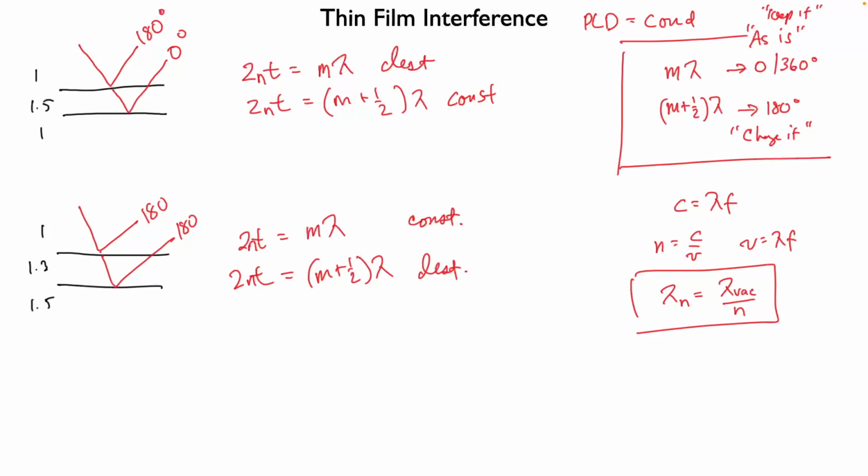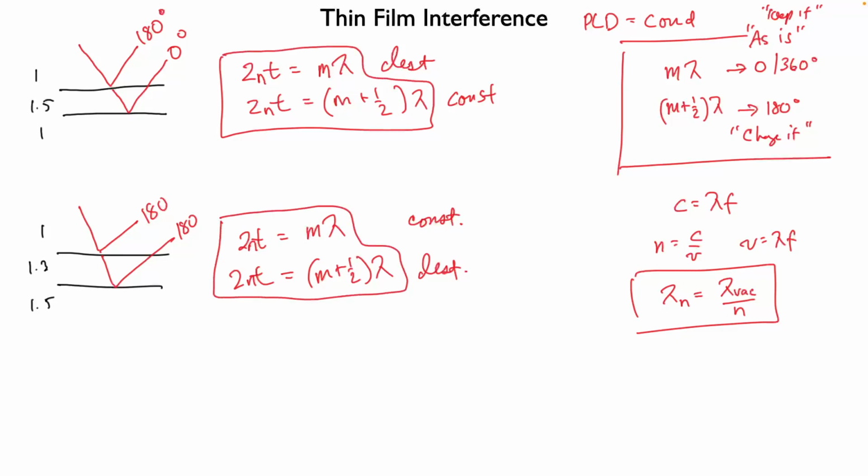In writing it this way, you can use the wavelength that is given to you in the problem. So when they say light at 530 nanometers strikes a puddle of oil or something, they're giving you the wavelength in air.